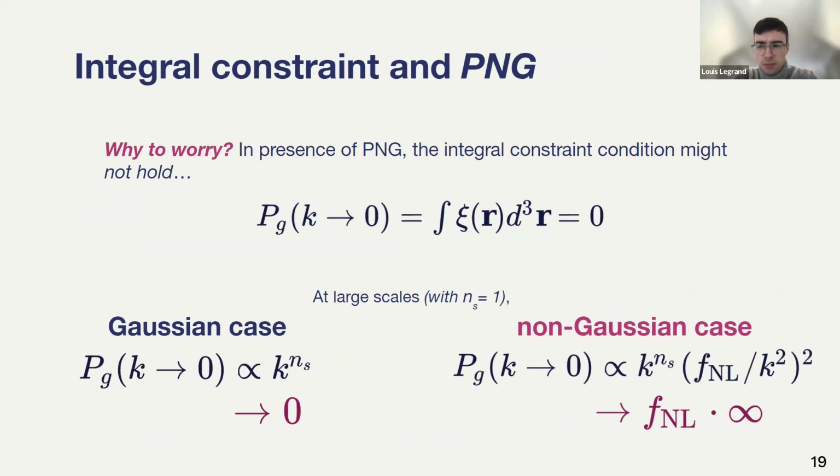How do these very large scales become something observable in the correlation function?